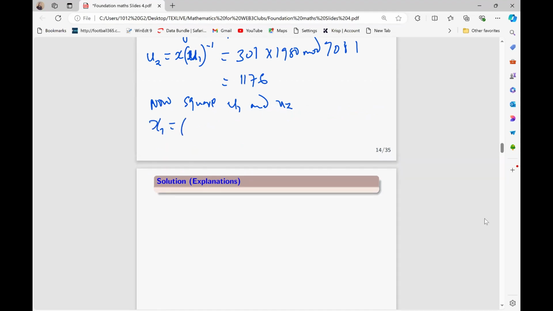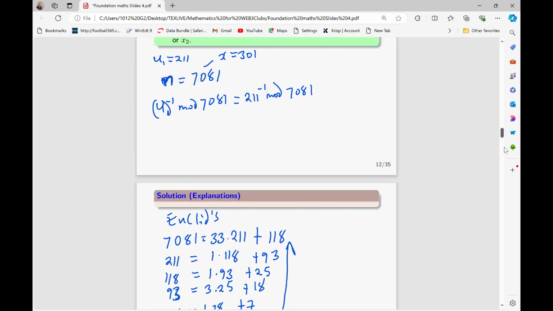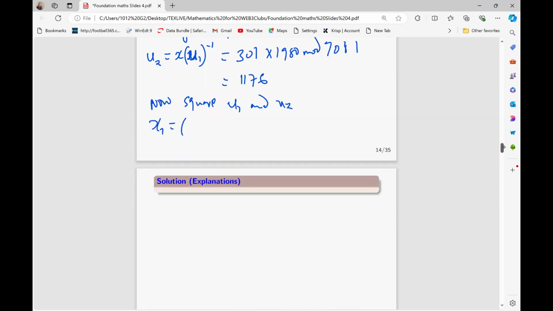X1 is the square of U1, and U1 was 211, mod 7081. 211 times 211 is 44,521. When you divide it by 7081, it goes there 6 times, and the remainder is 2035. This is your x1.